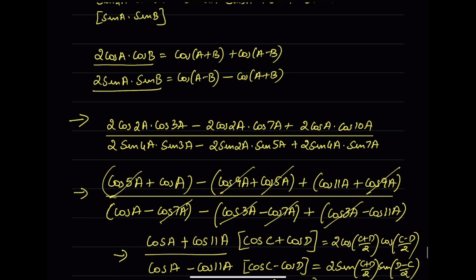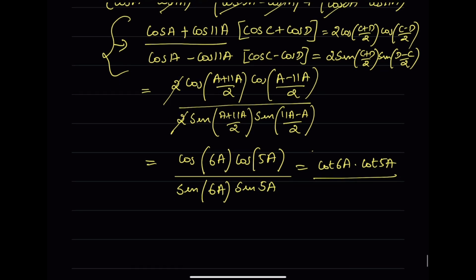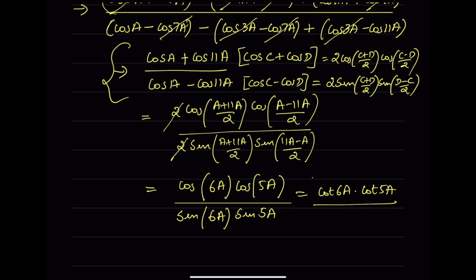The first version of the formula we applied is converting product into sum and difference, and the second version is this one, where we are converting sum or difference into products. So please practice more and more problems like this, where you can keep interchanging the values.